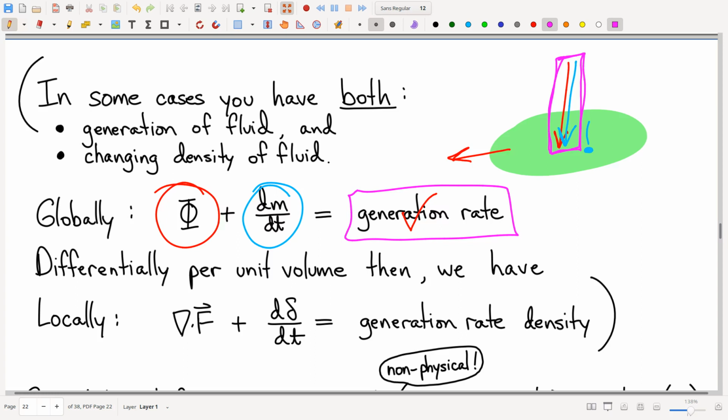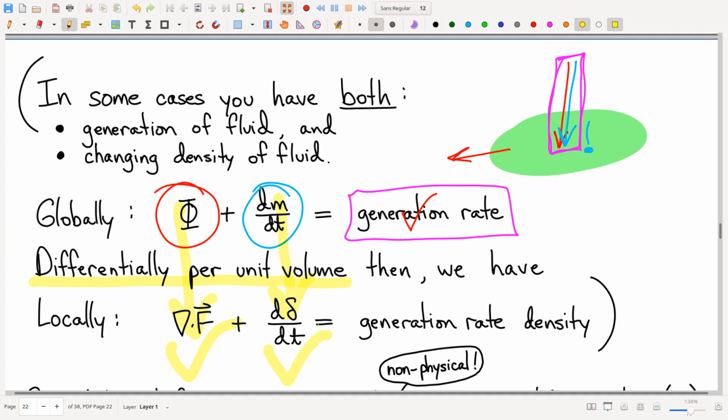Now if you just take everything on this equation and divide by volume, so differentially per unit volume, I'll use yellow for this. Flux per unit volume is divergence. Mass per unit volume is density.